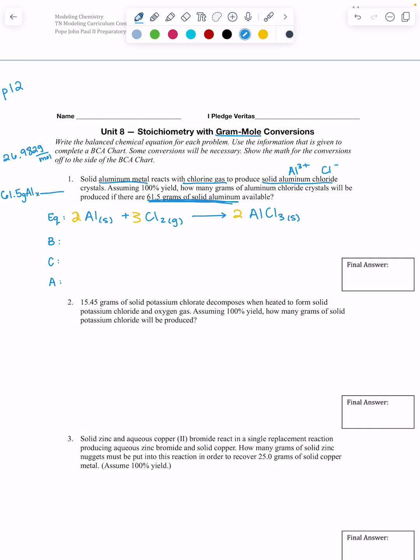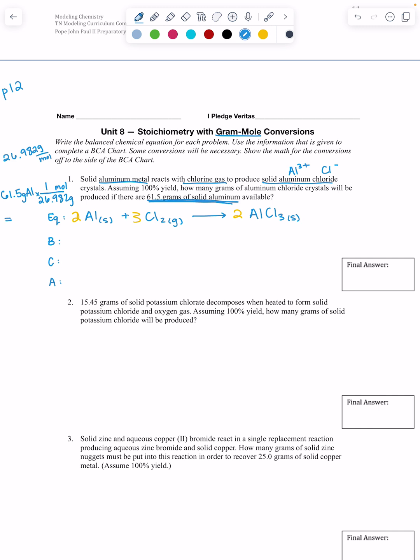So in order to get moles on the top, I'm going to flip it and put the 26.982 grams on the bottom per 1 mole. And that will give me the number of moles of aluminum.